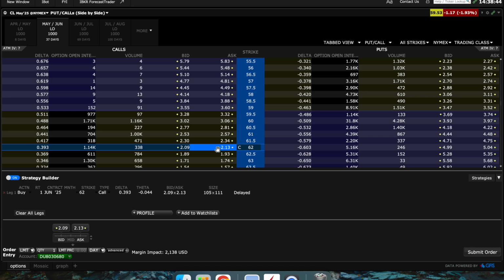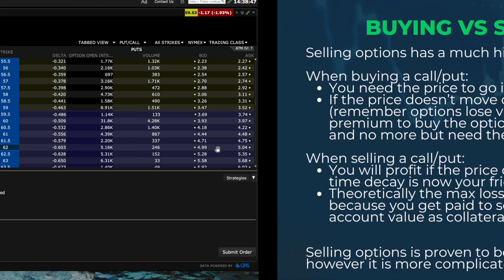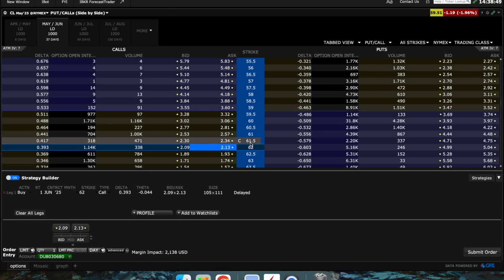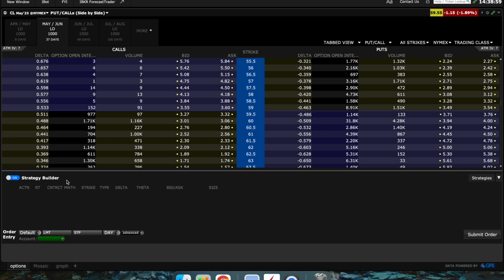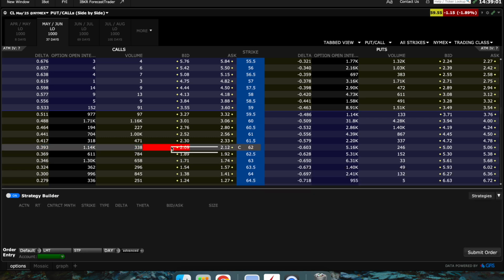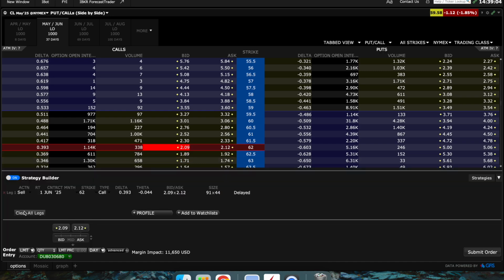And basically what happens here is you will want the price to go up, and I'll go over exactly what it means in the next slide, but this is what it looks like. And if you want to sell, you just press the other side, the bid side, and you will be selling the option.